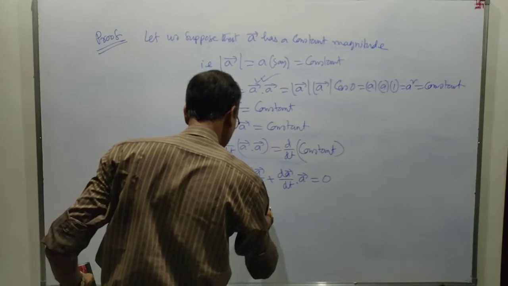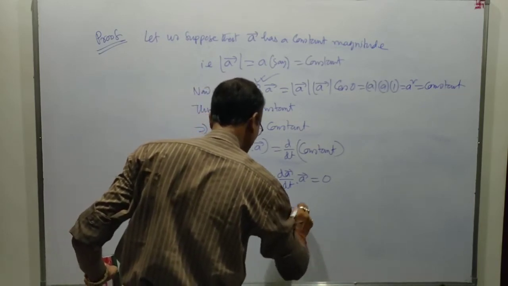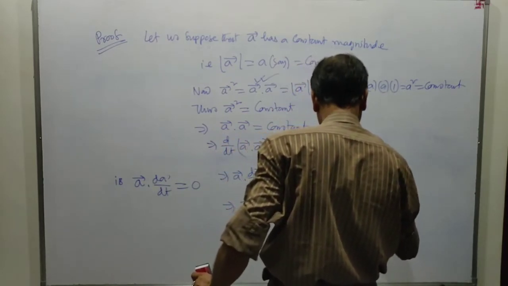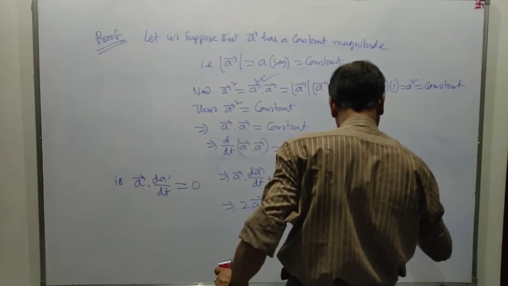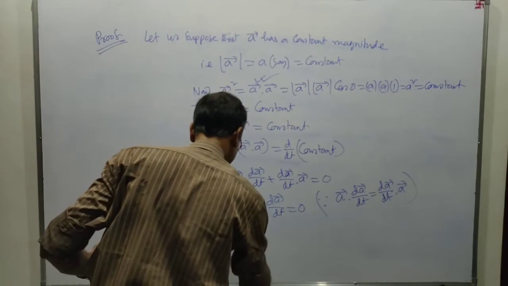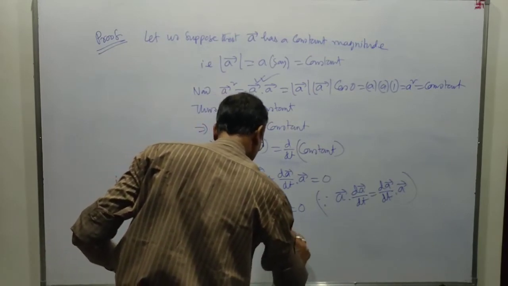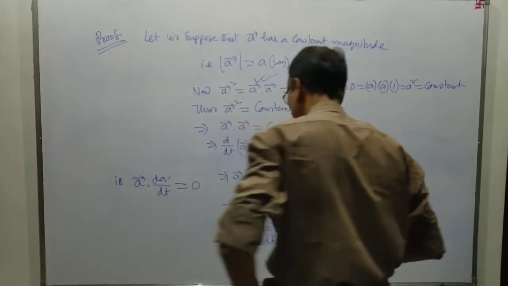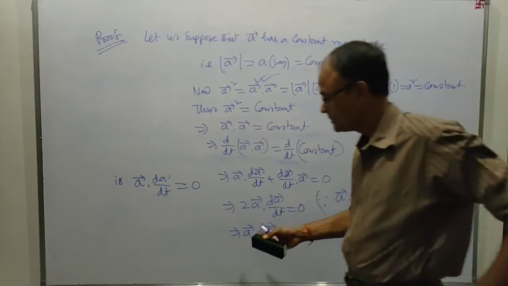This means 2 times A vector dot dA vector by dt equals 0, since A vector dot dA vector by dt equals dA vector by dt dot A vector. This means A vector dot dA vector by dt is equal to 0. We have proved the first part.